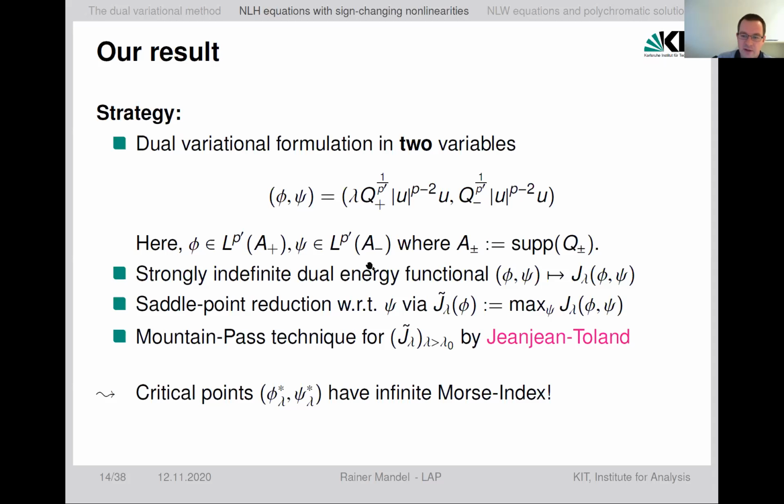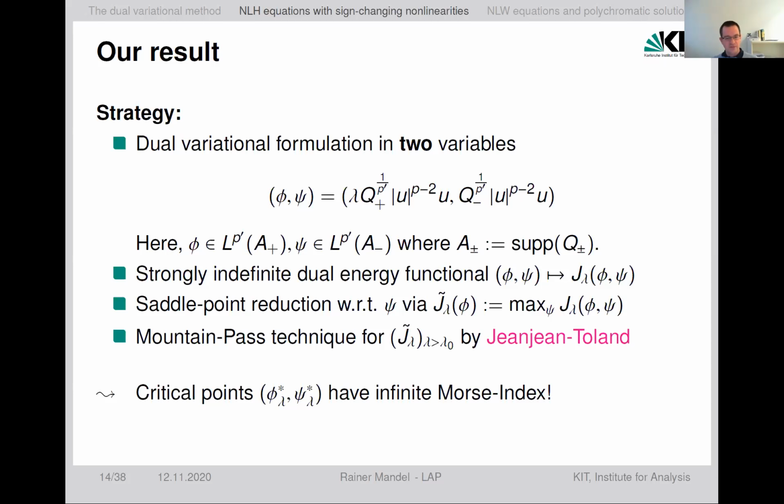So what we will end up with, and this is what I'm going to explain on the next slide, if we do this substitution, then we obtain a strongly indefinite dual energy functional. What can we do with that? Under these assumptions, which I just mentioned, we can use the saddle point reduction with respect to psi to obtain a good functional, for which we can use the mountain pass theorem, or say a variant of it, which is due to Jeanjean and Toland.